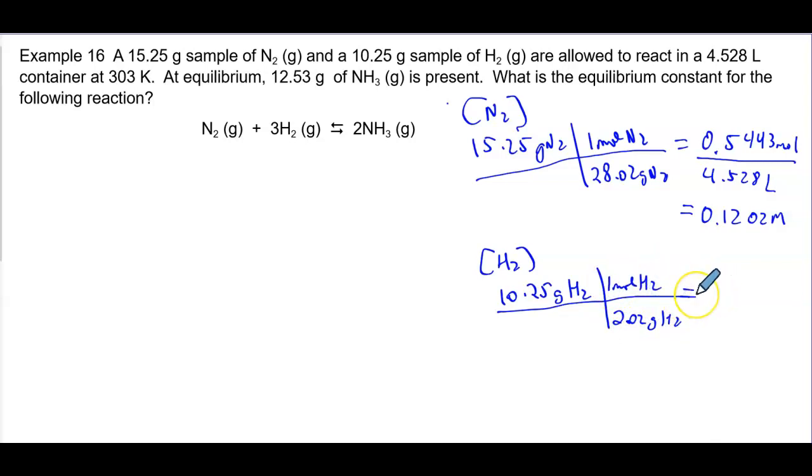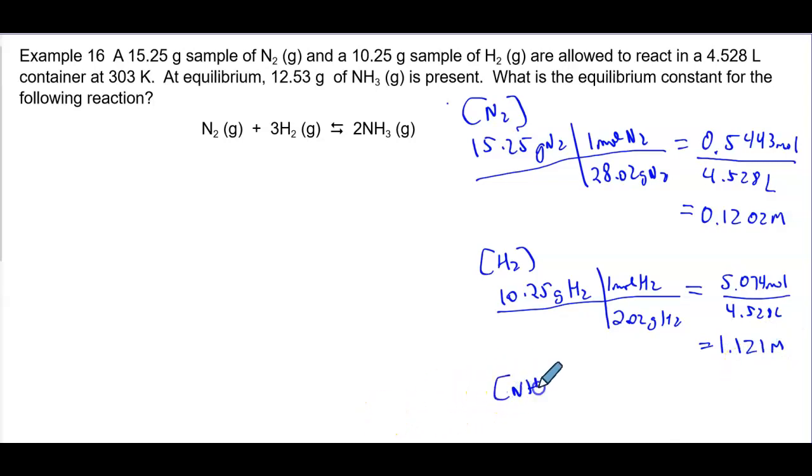So this is going to be 10.25 divided by 2.02, and I'm going to get 5.074 moles. Then I divide by the volume, 4.528 liters, because we need concentration. So 5.074 divided by 4.528, and we are going to get 1.121 big M with rounding.